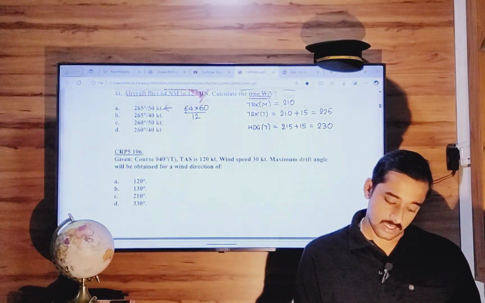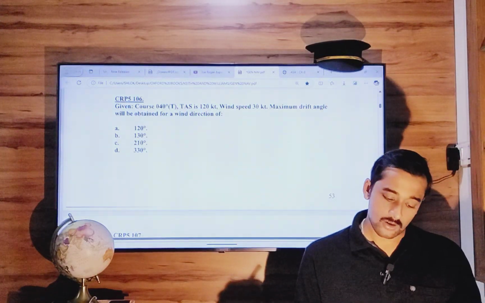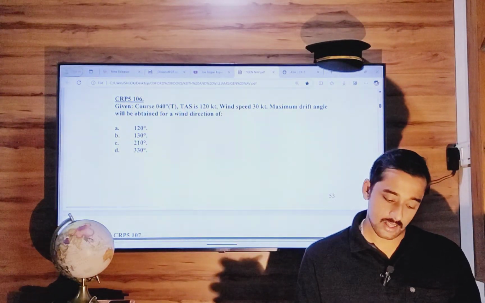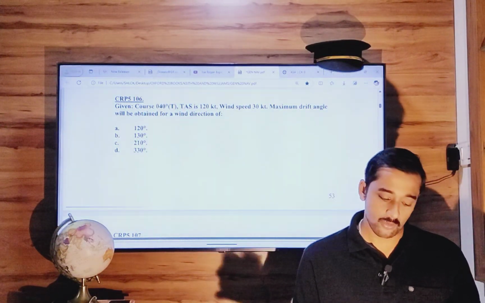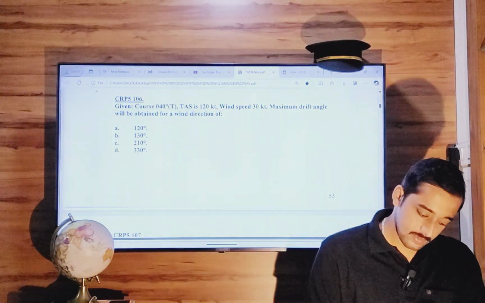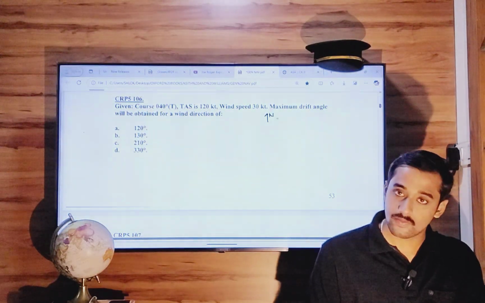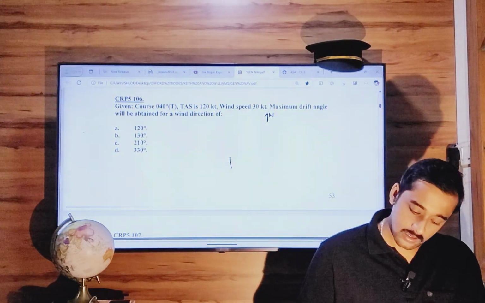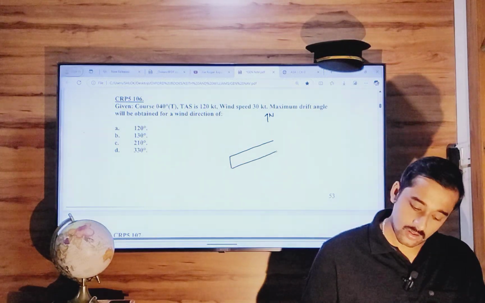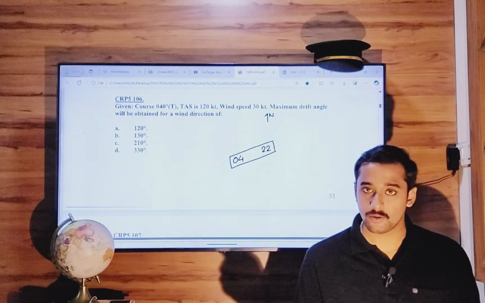Okay. Next. 4040 task given, wind speed given. What will be the maximum drift angle obtained from a wind? Now, let's say this is your north datum. This will be your course 040. The reciprocal will be 220.